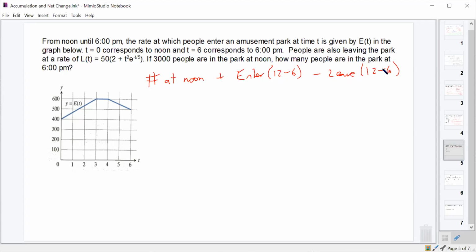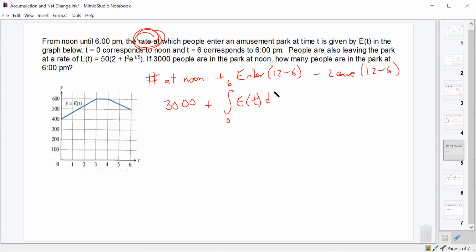Yeah. Okay. So this should then be 3,000, which is the number at noon. And how many will enter between noon and 6? Well, we're given a function here, E of t, that represents the rate at which they enter. So the number that enters should be the integral of that from 0 to 6.